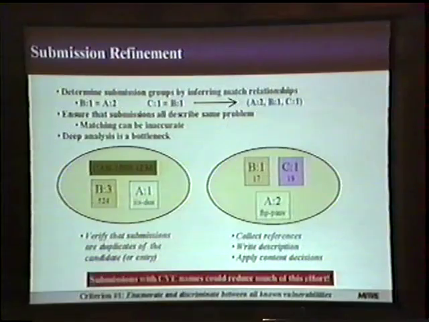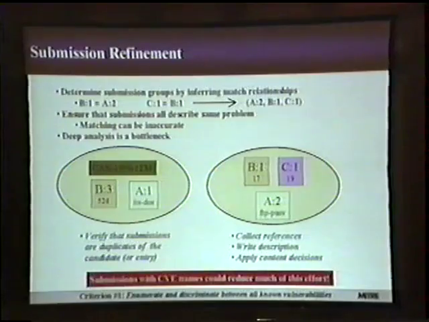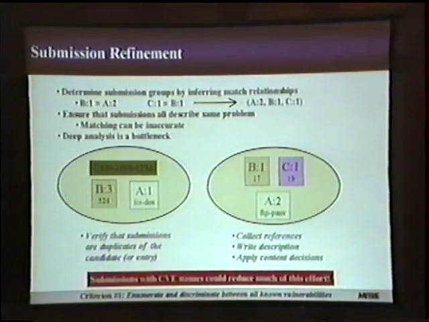So our task becomes collecting all the references from all those different sources, because those references might be what people better know something by. You might know something better by a CERT advisory than by what the CVE name is. We write the description, and we apply these things called content decisions, consistency rules, and I'll get into that in a minute. In other cases, we might have submissions that are already related to something that's in CVE, and that's a useful piece of information as well.